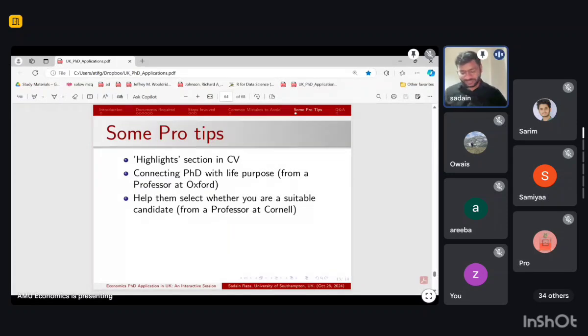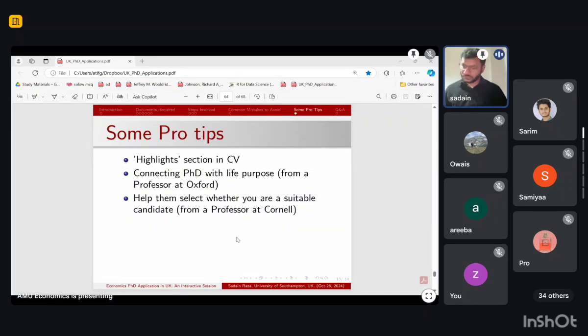Before my Southampton interview, I was very stressed, and this was the second interview, and I thought they may have rejected me. But this professor from Cornell University, he was my colleague at Plaksha University in Mohali in India. He told me, Raza, you don't have to worry, just be honest and help them select whether you are a suitable candidate.